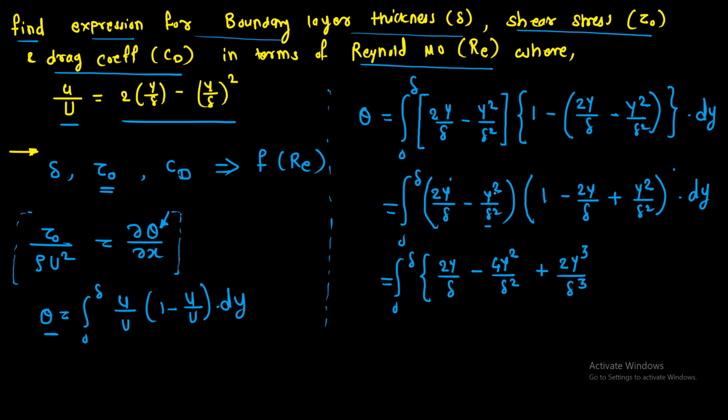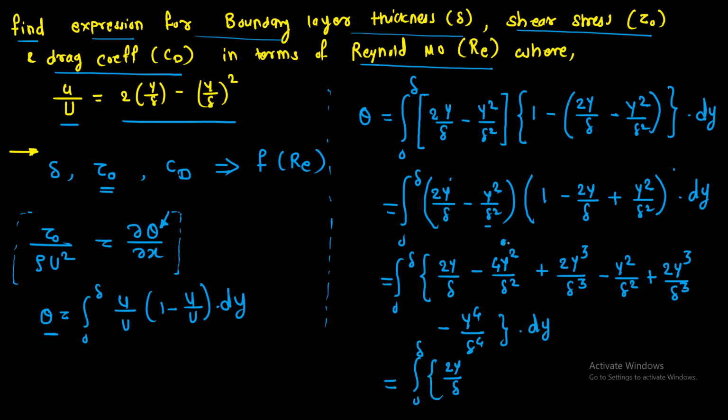Now next term is minus y square upon delta square into 1, so minus y square upon delta square, minus y square into minus 2y, so plus 2y cube upon delta cube, and next y square into y square, so minus y raised to 4 divided by delta raised to 4, into dy. And this is from 0 to delta. Now just simplify this equation. This 2y upon delta will remain as it is.